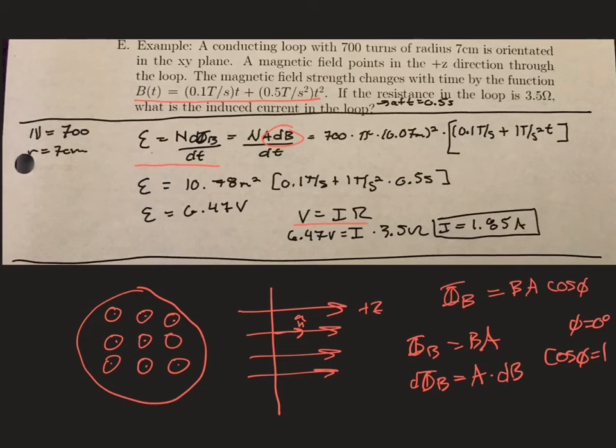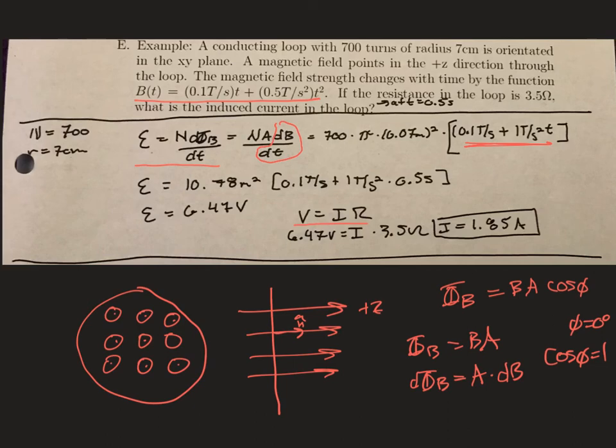And then dB dt, so the derivative of the magnetic field strength in terms of time, is equal to this. So I've taken the first derivative with respect to time of the function for the magnetic field strength provided.